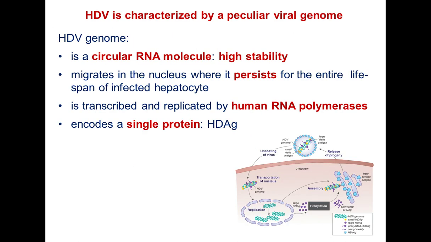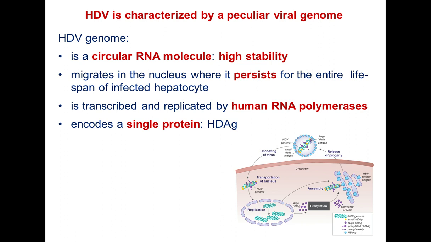Another peculiarity is represented by the HDV genome, which is composed of a highly stable circular RNA molecule. After the entry into the hepatocytes, the HDV genome migrates into the nucleus, where it is either transcribed or replicated by human RNA polymerases.